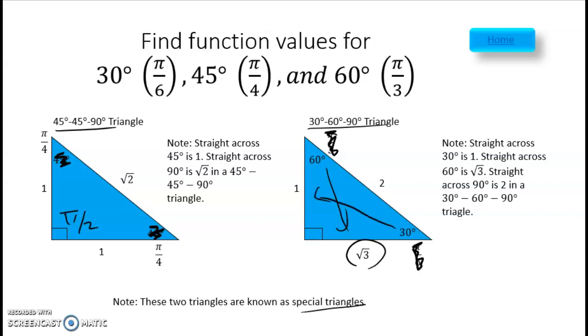Always across your 30 is 1. And always across your 90 is 2. Like we did in the other one, we could change this from degrees to radians. Your 30 would be pi over 6, your 60 would be pi over 3, and your 90 would be pi over 2.